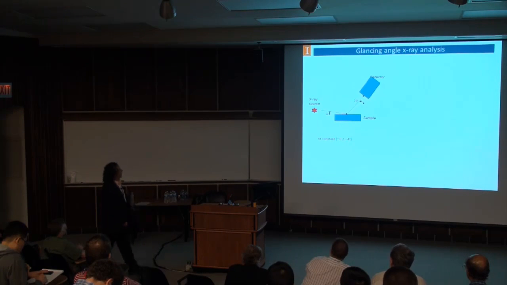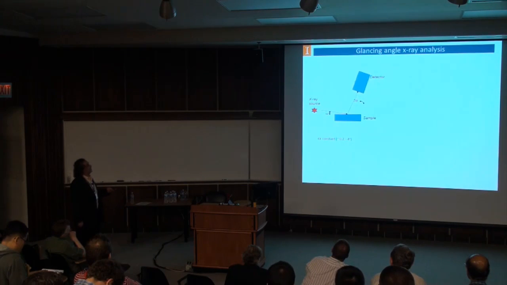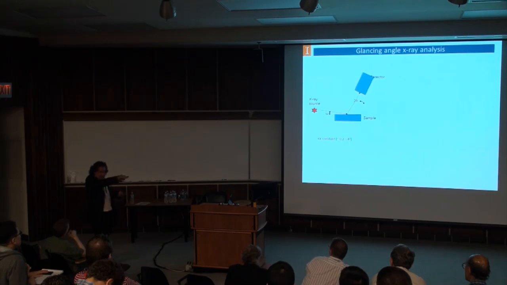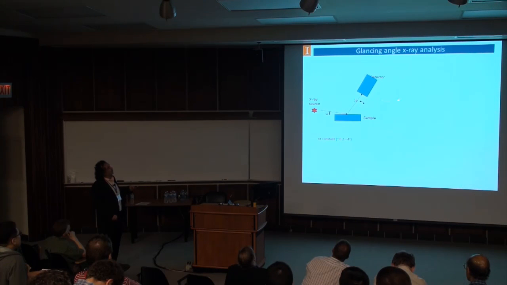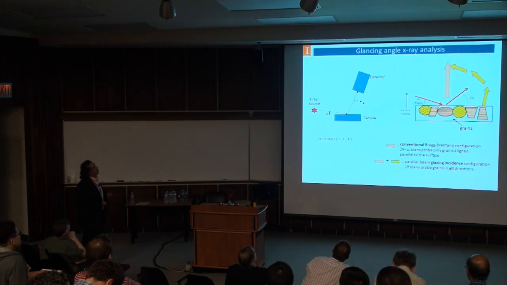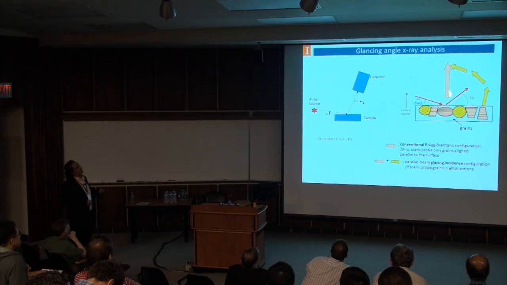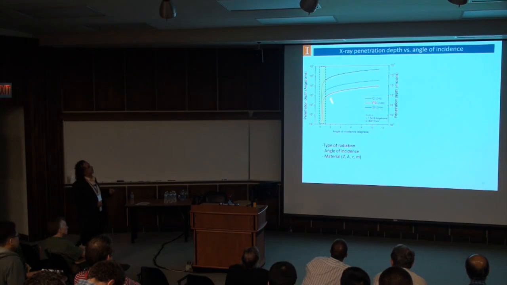So what do you do? Well, in this case you keep your angle of incidence very small, and you come very glancing on the sample, like an airplane just going to land there. When you do that, and you just rotate the detector, you'll be probing not only the direction that's perpendicular, but you'll probe other directions as well. The basis of this process is this curve here.